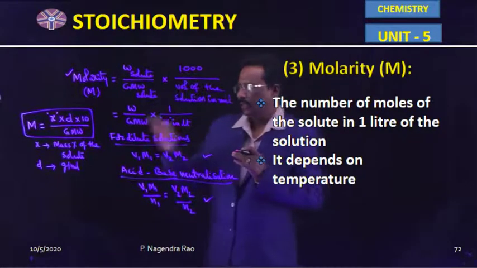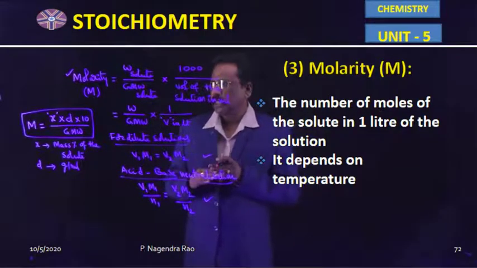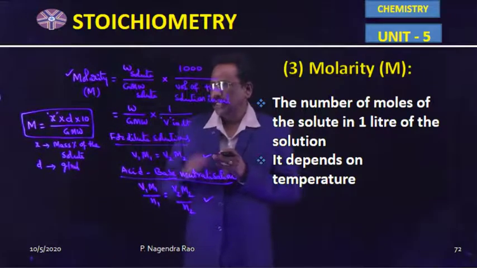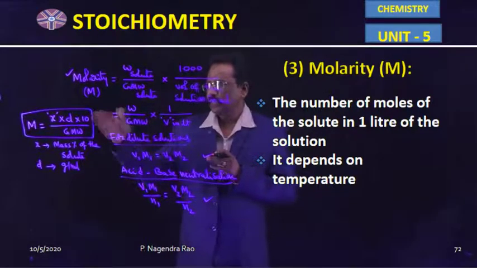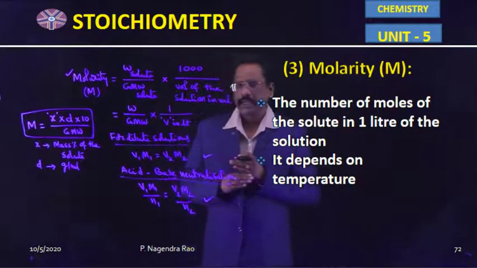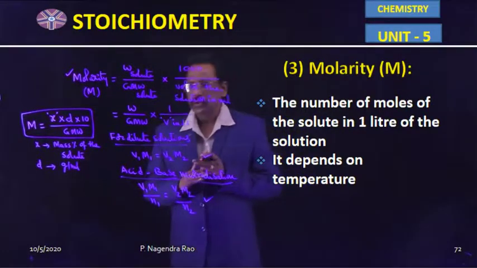If you know the density of the solution and mass percentage of the solute, the formula to calculate molarity is X into density into 10 divided by gram molecular weight of the solute.